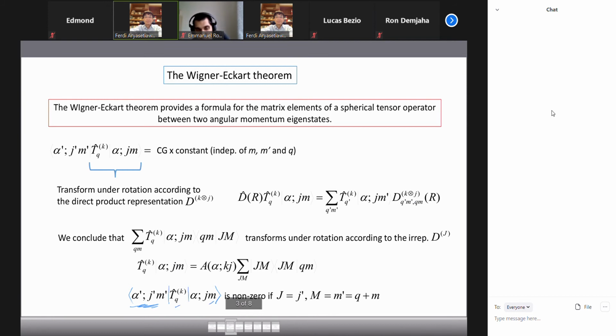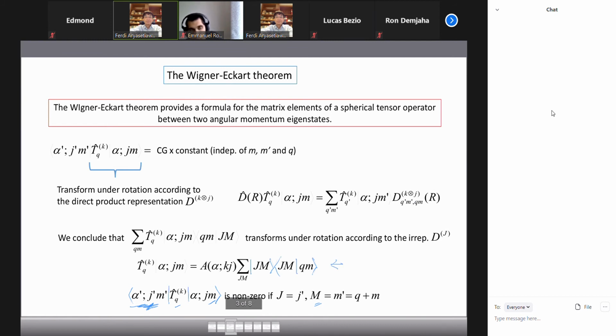That's a bit like in the addition of two angular momenta, the capital M, which is in this case equal to M prime, must be equal to Q plus M. And the J prime must then be one of the J in this decomposition. Yes, these are the decomposition formulas.